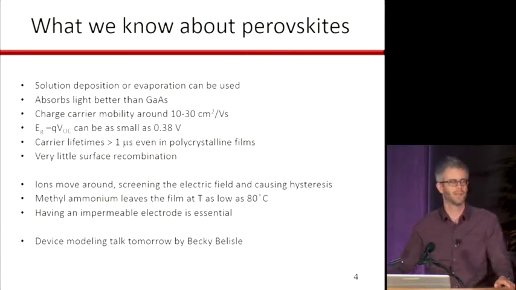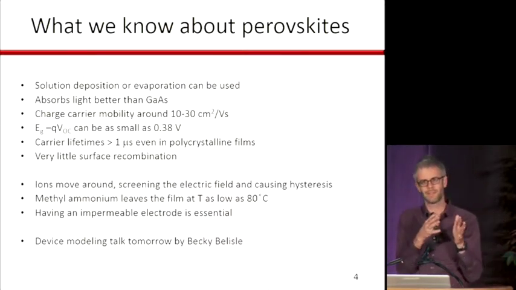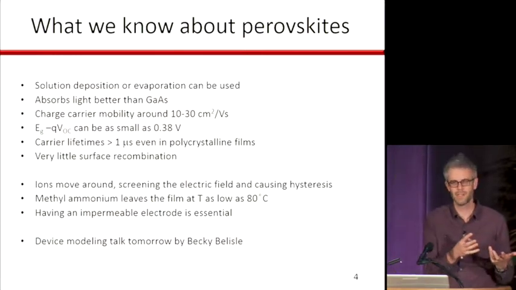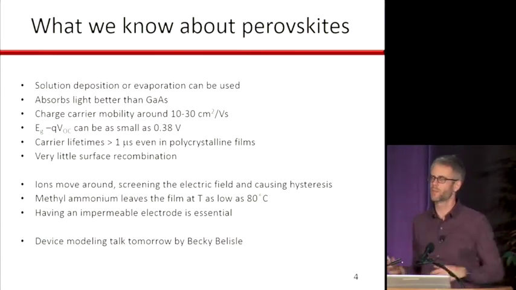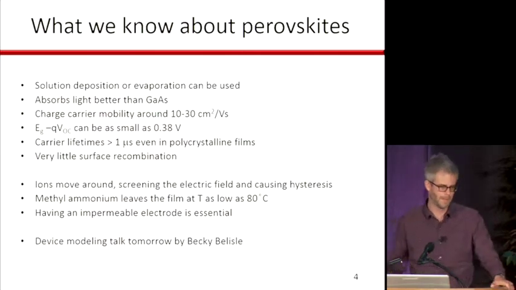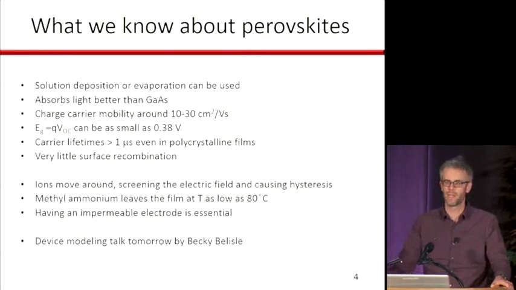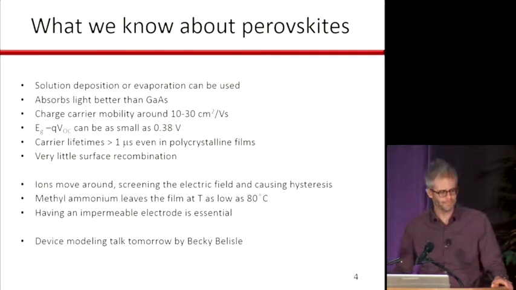Gallium arsenide would be like 100,000 centimeters per second. So in some ways, it's like CIGS or CdTe in the sense that it works well when it's polycrystalline. In other ways, it's actually a little more like gallium arsenide in the good sense, but it doesn't have the bad property of gallium arsenide that grain boundaries lead to recombination, and here they're not that much of a problem.